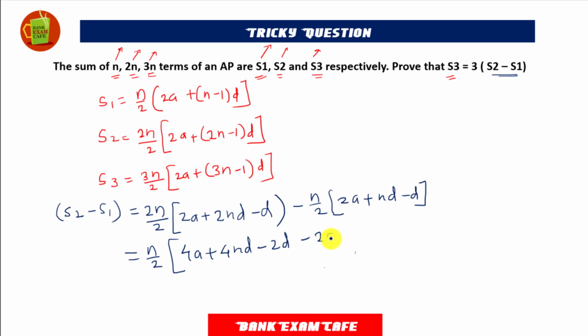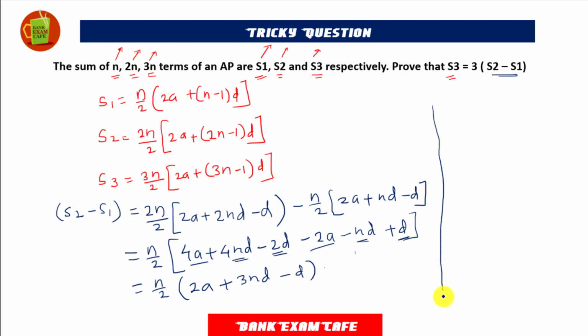So it is 2a minus nd plus d. So which is equal to n by 2 into bracket, this will be 4a minus 2a, that will be 2a, and 4nd minus nd, that will be plus 3nd, and minus 2d plus d, that will be minus d.